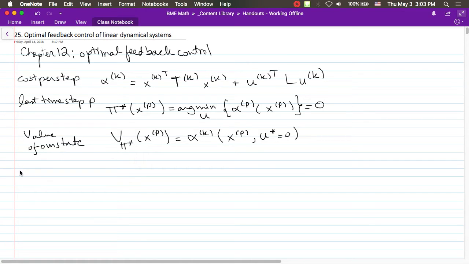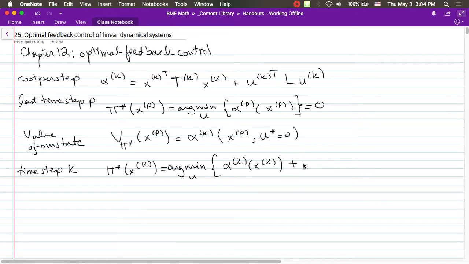So then at time step k, the optimal policy is the one that minimizes the sum of your cost per step, given that you're starting at x, plus the value of the state that you're going to go to, given that you're at state x and you produce action u of k.